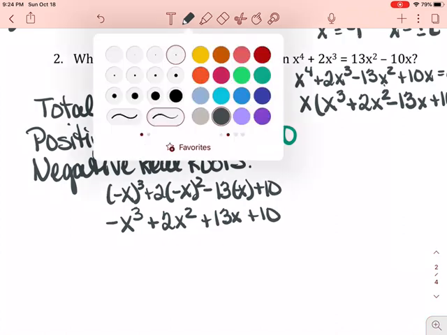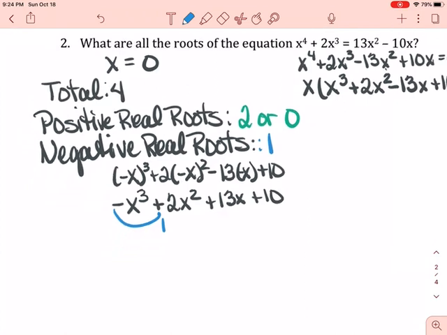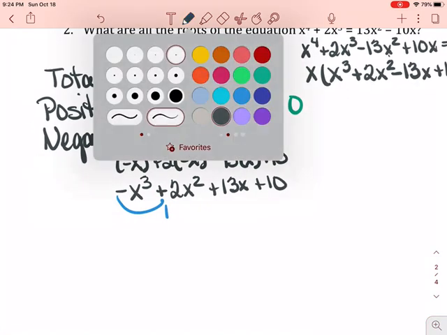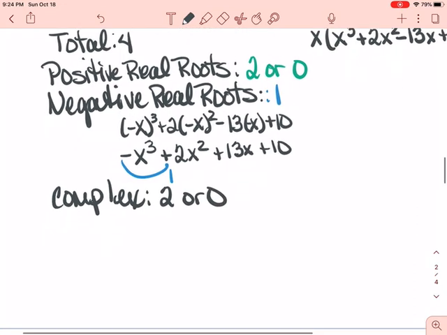All right, looks like there's only one sign change. Okay, now we already know 0, so that's one of the roots. So 1 plus 1 is 2, plus 2 more gives me 4. Okay, so complex or imaginary is going to be 2 or 0.